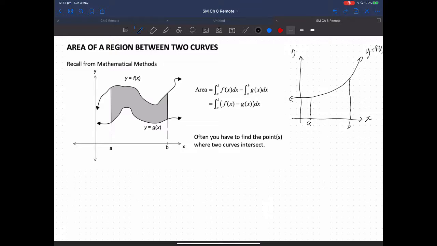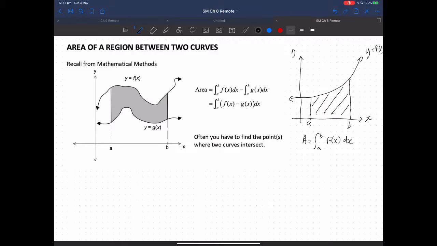And you were then working out the area bounded by the x-axis, the curve, and those two values for x, A and B. We would write this as the area is equal to the integral from A to B of fx dx. This comes from working out an infinite number of rectangles and summing them.